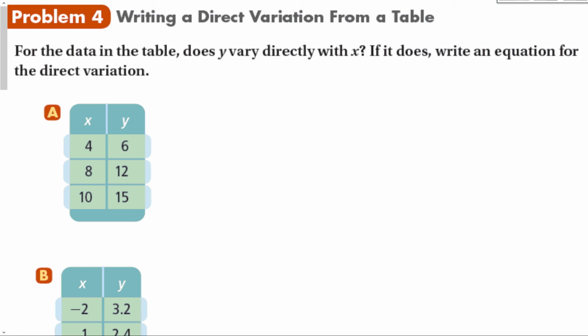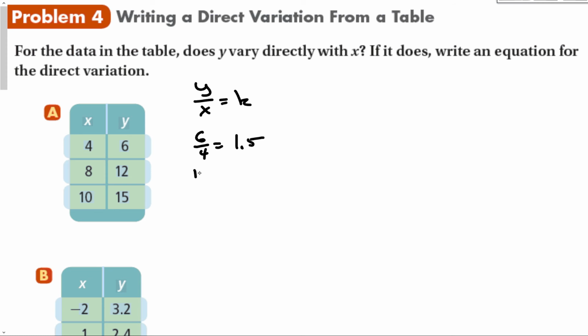So for the data in the table, does y vary directly with x? And if it does, write an equation. So all I need to do to check this is to check to see if y over x is always equal to k. So we have 6 over 4, which is 1.5. Well, that's great.